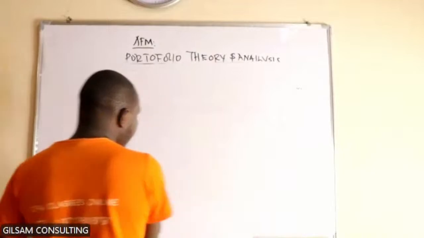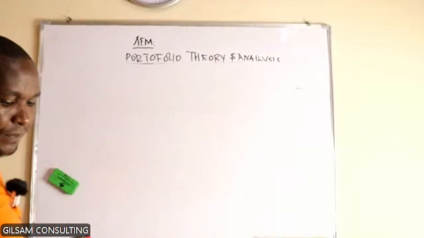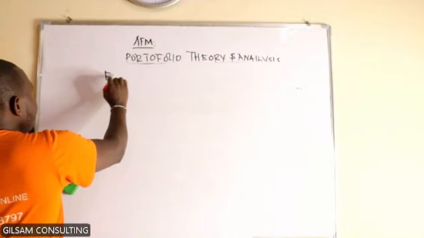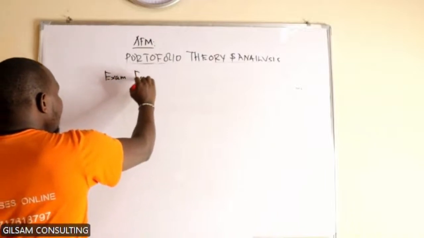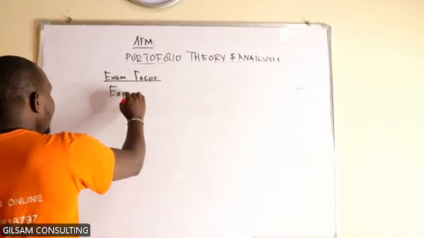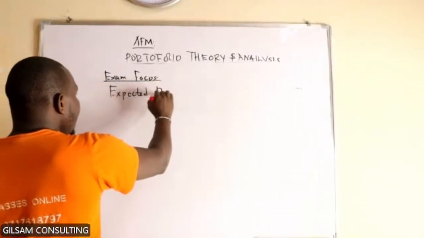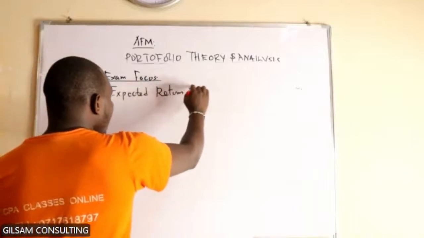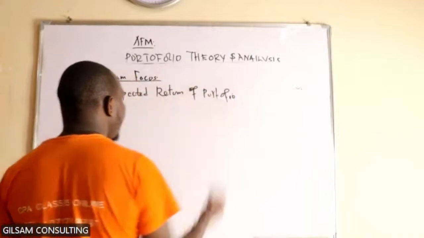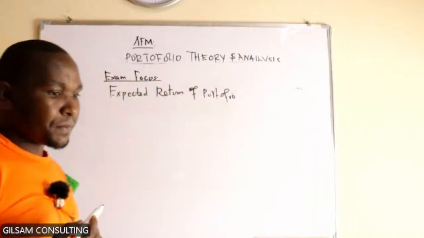For recession, for example, 0.45 multiplied by the expected return. And then the other one, 0.25, we multiply by 9. That is how to calculate the expected return of the portfolio.